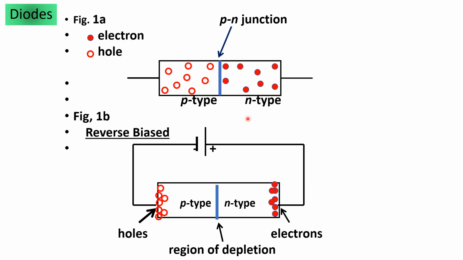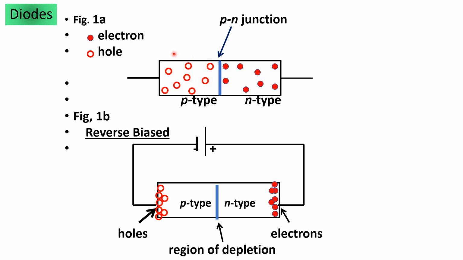Before we move on to the next question, let's first talk about a semiconductor device known as a diode. So here is a schematic diagram of a diode. It consists of a p-type semiconductor material and an n-type semiconductor material joined side by side.